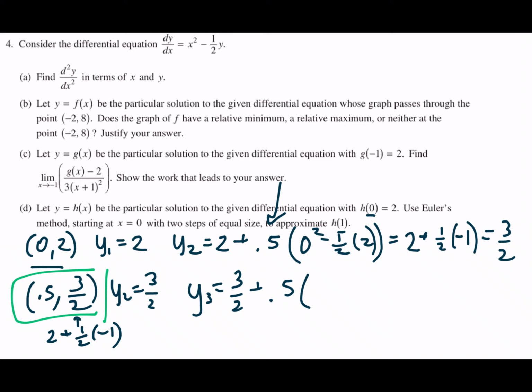And my slope at that point is given by x squared minus 1/2 times y. I've got all mixed up fractions and decimals. It doesn't even matter. I'm just going to leave it like this. And it's okay if in here, instead of having the 3/2, you had that little expression in there. That doesn't affect anything.